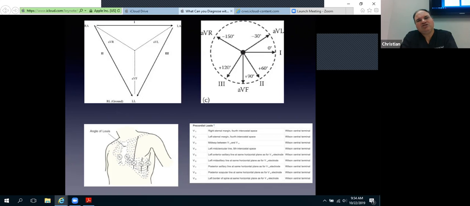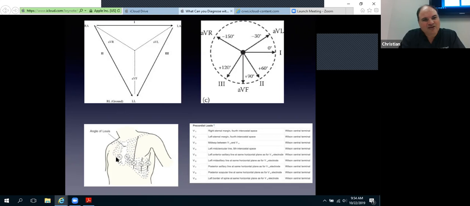Even if you know just basic geometry, you'd know that the reciprocal angle of positive 60 is not minus 150. I'm just driving this home that aVR is not the opposite of lead 2. I've heard it too many times, and it's my little quirk: I don't want to hear it again. So this is my little contribution to the universe of not hearing that again.